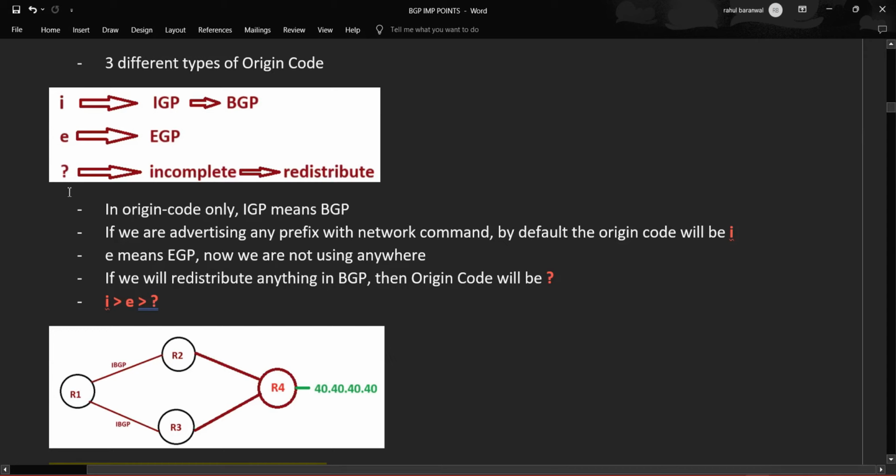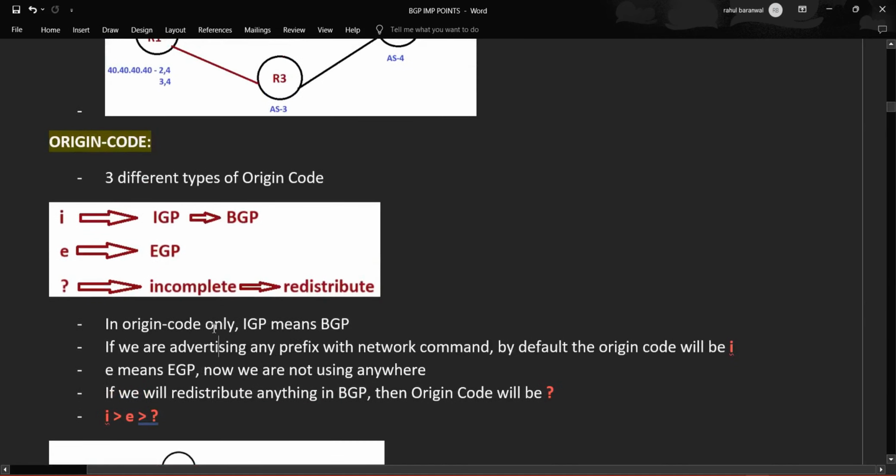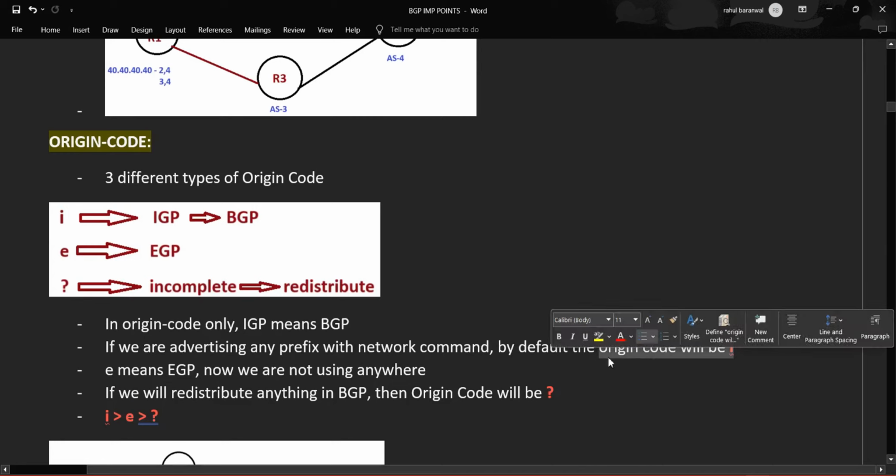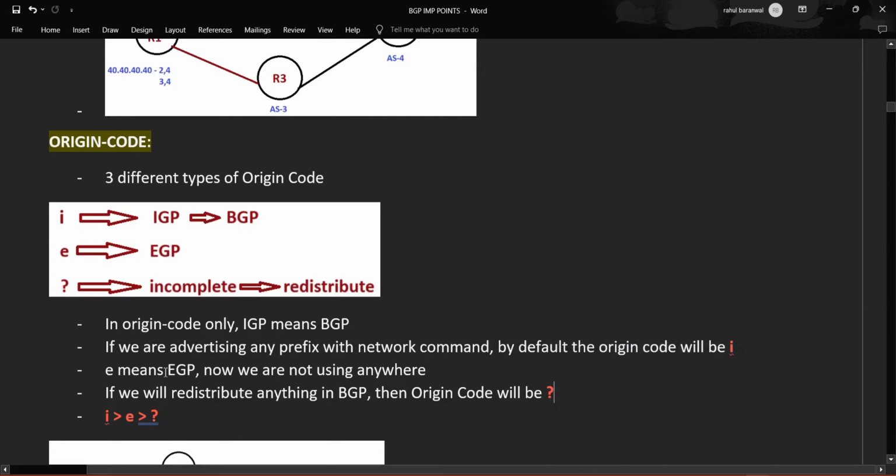When we redistribute other protocols like EIGRP or OSPF into BGP, then we will see this question mark. So here we have written that in origin code, IGP means BGP, as we already said. If we are advertising any prefixes with the network command, by default the origin code will be I. And E means EGP, which we are not using anywhere in a production network, meaning a running network.